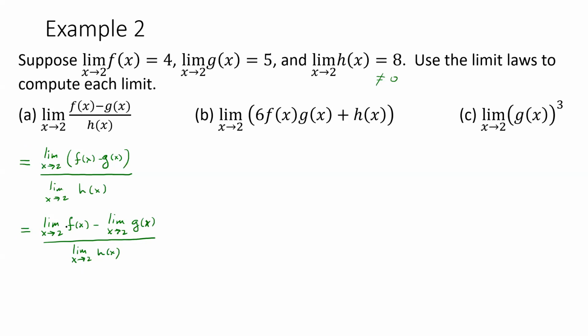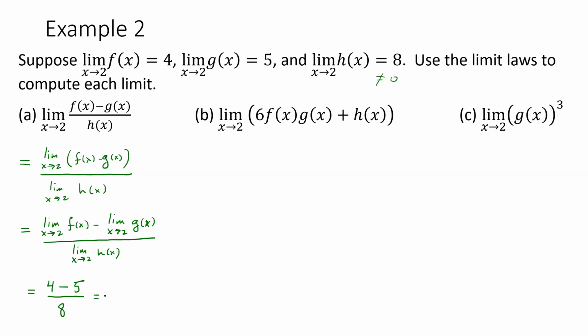And now we know what each of these values are. The limit as x approaches 2 of f of x is 4. The limit as x approaches 2 of g of x is 5. And here we were also given that the limit as x approaches 2 of h of x is 8.